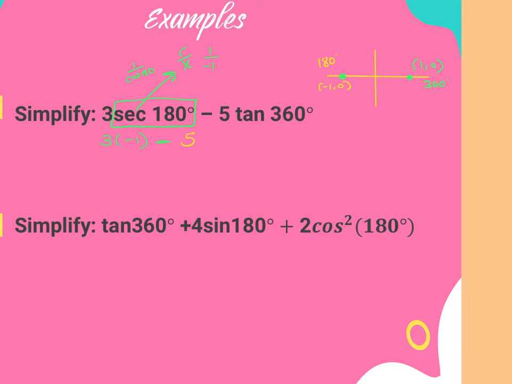Now I want the tangent at 360. The tangent is y over x. What's the y at 360? 0. What's the x at 360? 1. So what's the tangent there? 0. 5 times 0. So negative 3 minus 0 is negative 3.